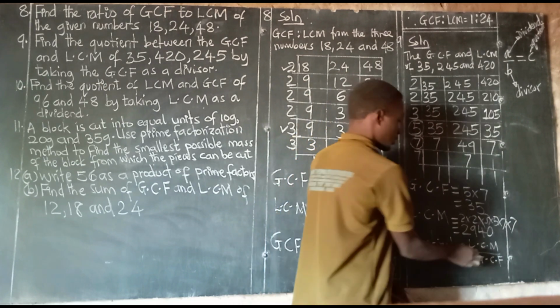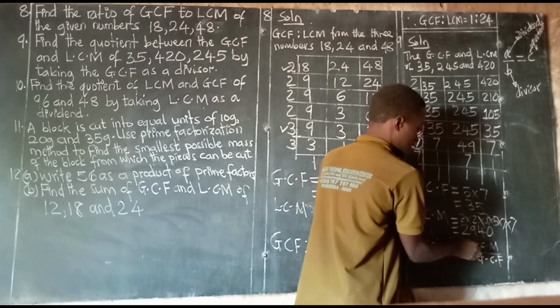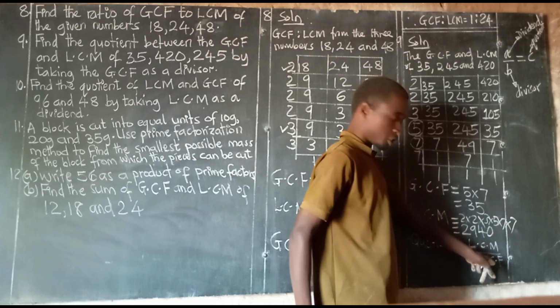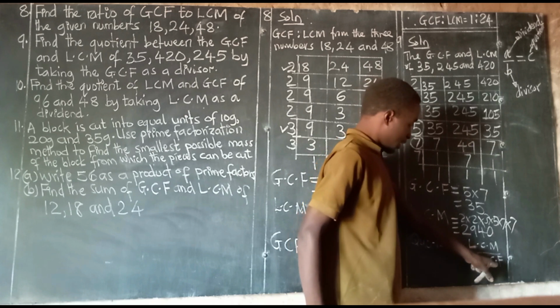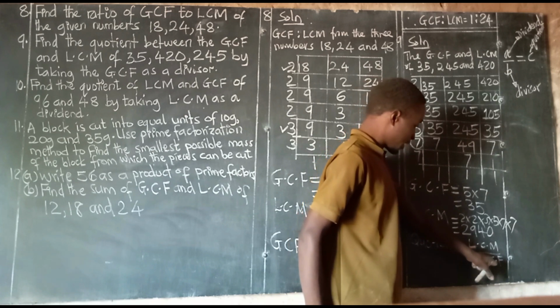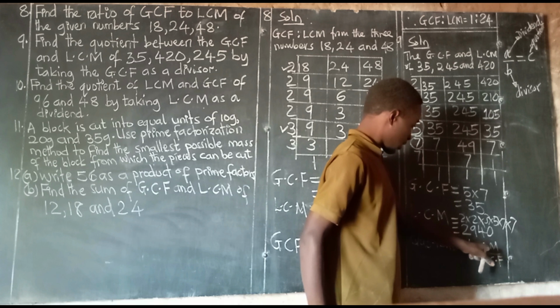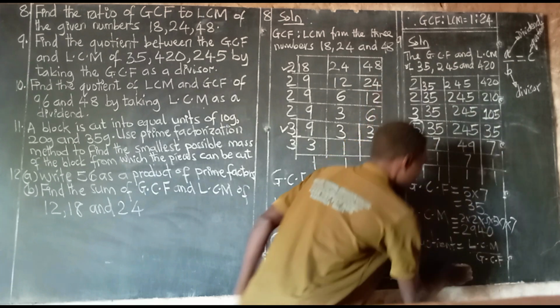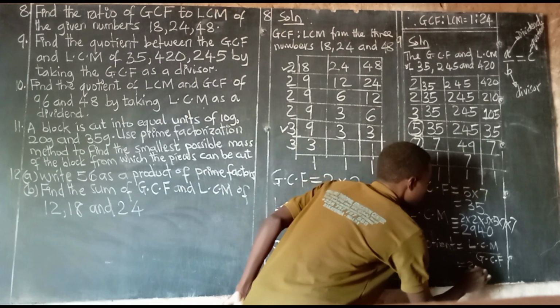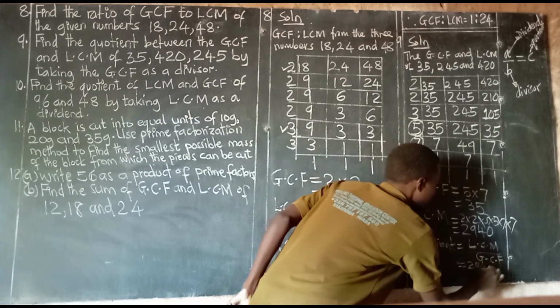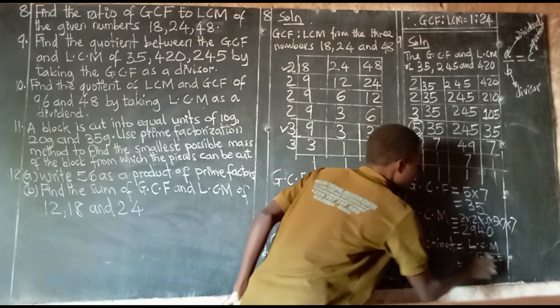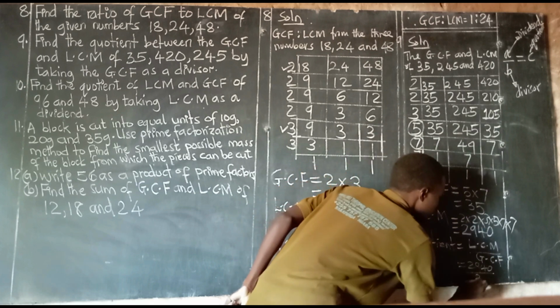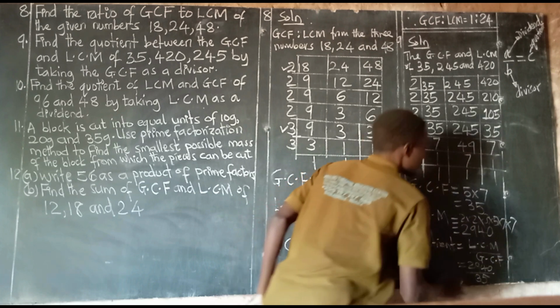As we are told that the GCF should be the divisor, it should be the denominator, while the numerator will be the LCM. So the LCM is to be divided by the GCF. Here it will be equal to 2,940 over the GCF, which is 35. Now the answer will be equal to.